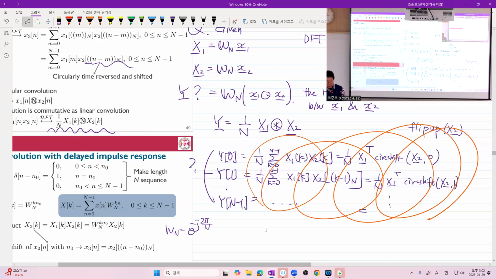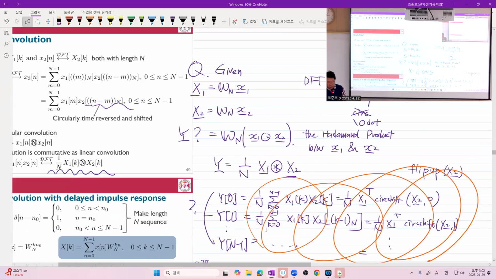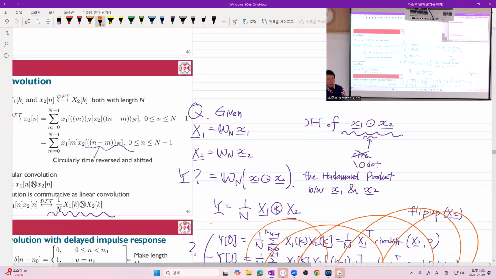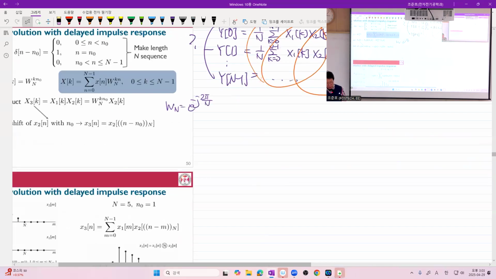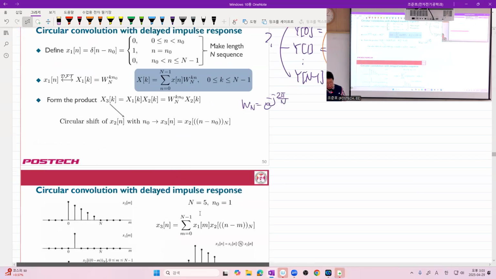Anyway, the result is correct as long as we properly define the circular convolution of two vectors. I forgot about the flipping part.